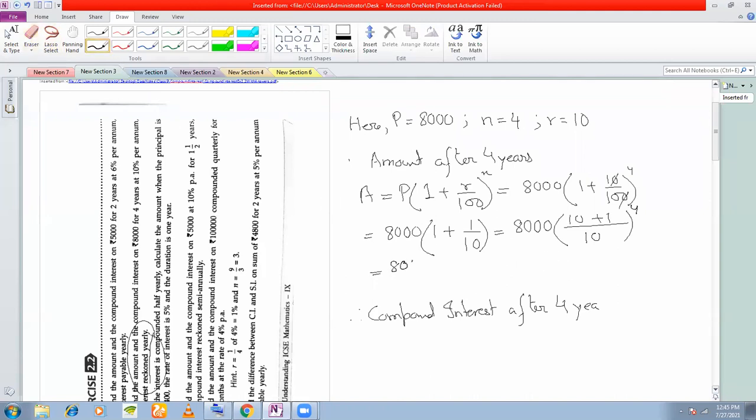Now you multiply this into 11 by 10 to the power of 4. So 8,000, and you repeat this factor 4 times: 11 by 10 into 11 by 10 into 11 by 10 into 11 by 10. So 3 zeros will get cancelled here.